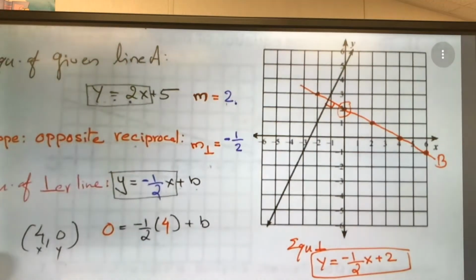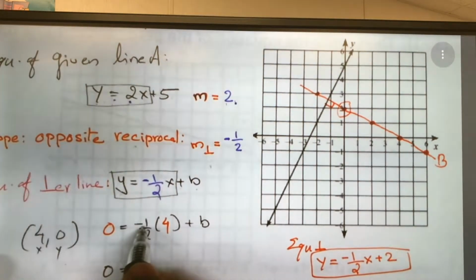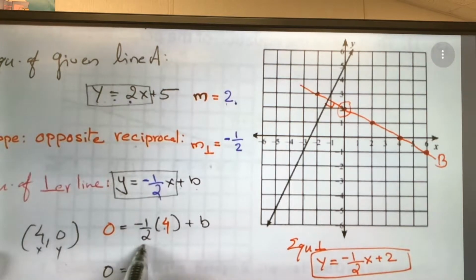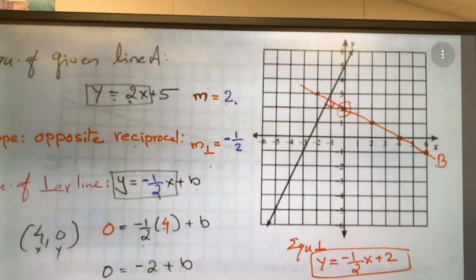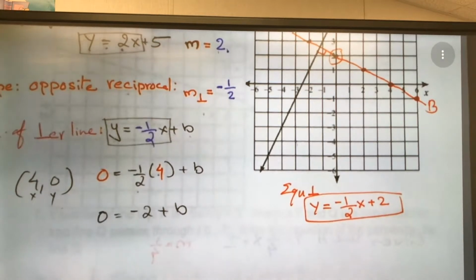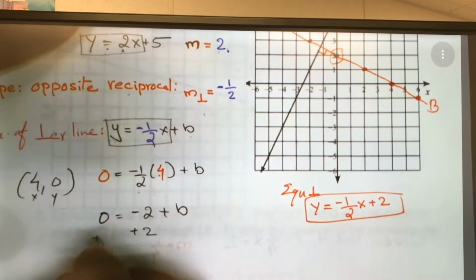Now I need to simplify that. 0 is equal to negative 1 times 4 is negative 4, divided by 2, that is negative 2, plus b. To solve for b, to isolate b, add 2 on both sides.